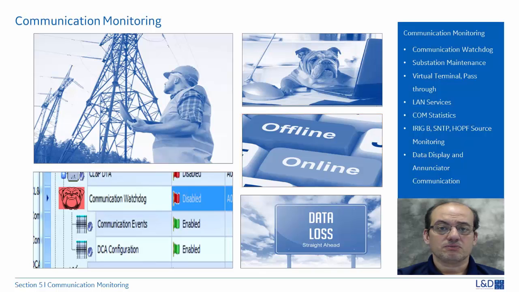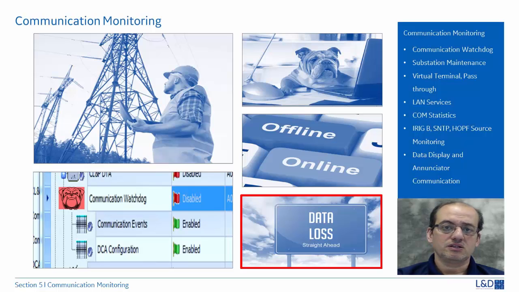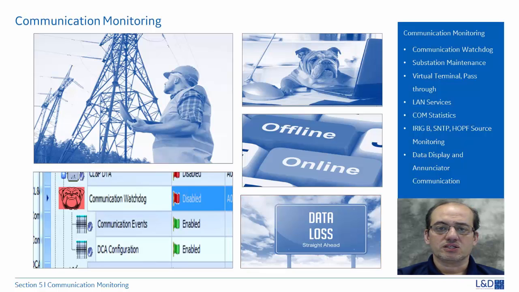Of course, the time protocols, which include the IRIG-B, the HOP, the SNTP time, and finally the data display applications, which sit in a bay or in a D20 chassis, and basically display the data using an interactive touch screen. These are some of the communication monitoring applications that are available for the field services.